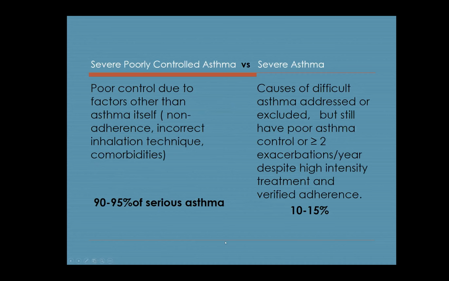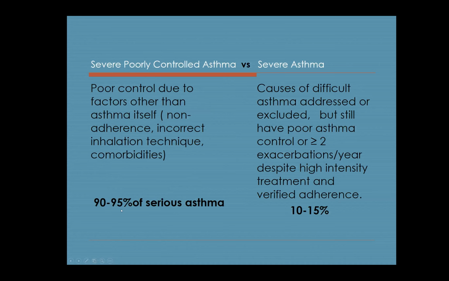When we're trying to tease out our patients, we're going to look at the severity. We have severe, poorly controlled asthma versus severe asthma. And so those are two different things. Poor control due to factors other than the asthma: non-adherence, incorrect inhaler technique, comorbidities. They have a dog or a cat, and obesity, many comorbidities, which we talked about in the last talk.